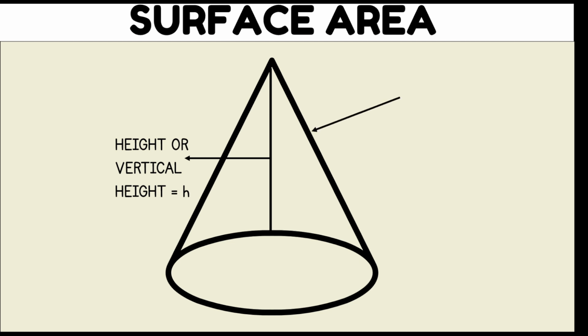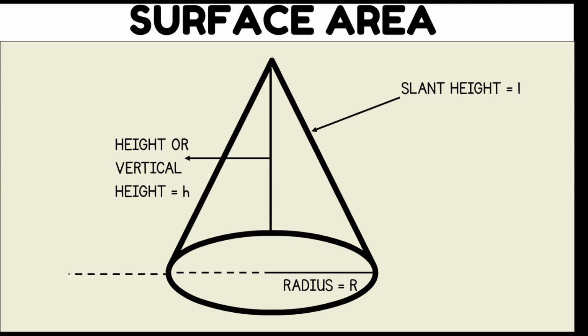This is the slant height, and this is denoted as L. This is the radius, which is denoted as R. Now the extension of this radius, just like we know, is the diameter. We know that half of a diameter makes the radius.